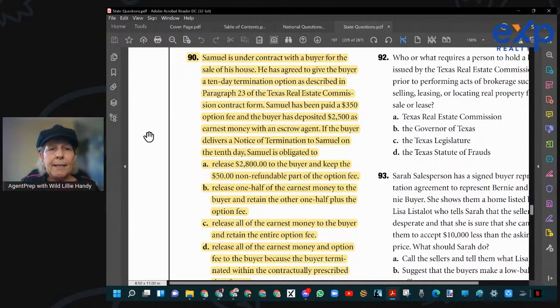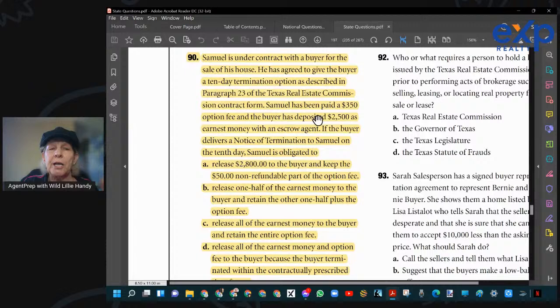All right, 90. Samuel is under contract with a buyer for the sale of their home. He has agreed to give the buyer a 10-day termination option, a 10-day option period, right? What is an option period? As described in paragraph 23 of the Texas Real Estate Commission contract.